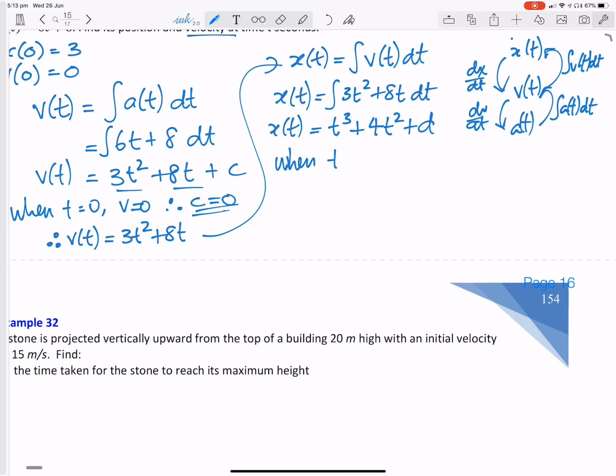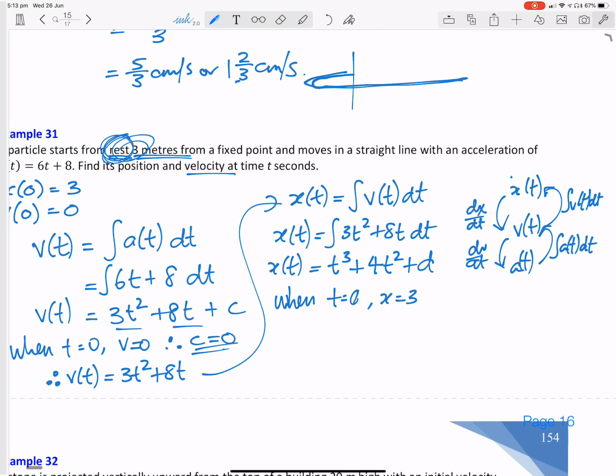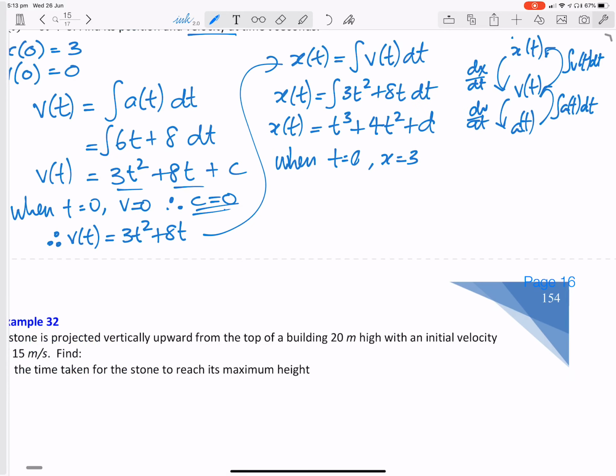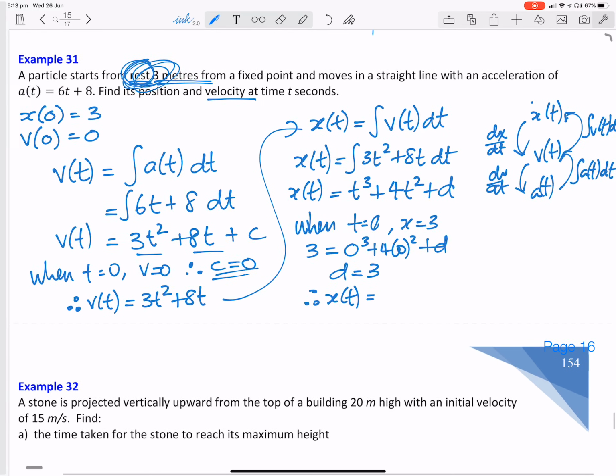When t equals 0, x is equal to 3, from 3 meters from a fixed point. So 3 is equal to 0 cubed plus 4 times 0 squared plus d. D is 3.